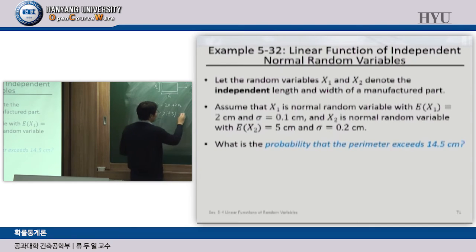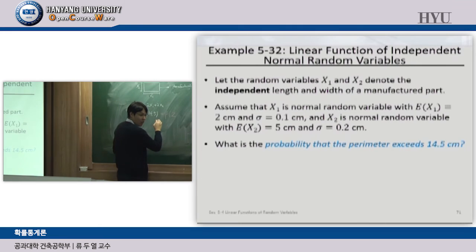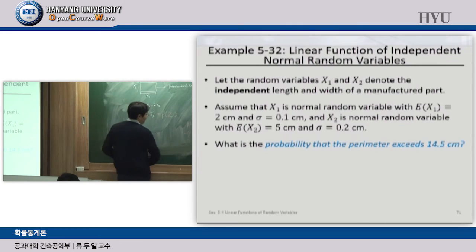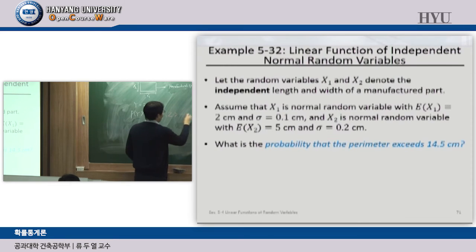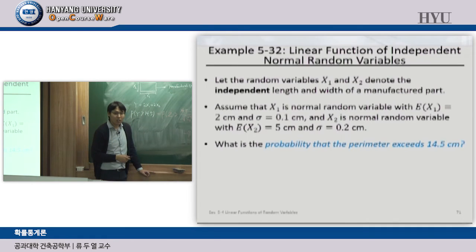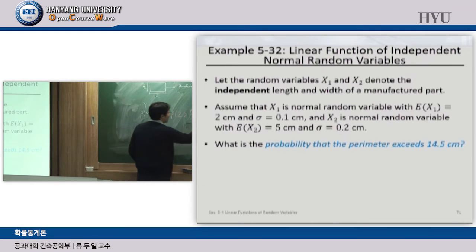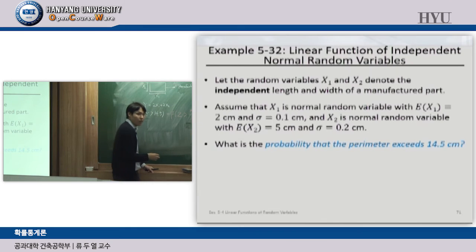So this should be changed to the probability of z, which is the standard normal random variable, larger than 14.5 minus mu y over root sigma y square. This is the equation for the standardizing method, which means that we need to calculate mu y and sigma y square.